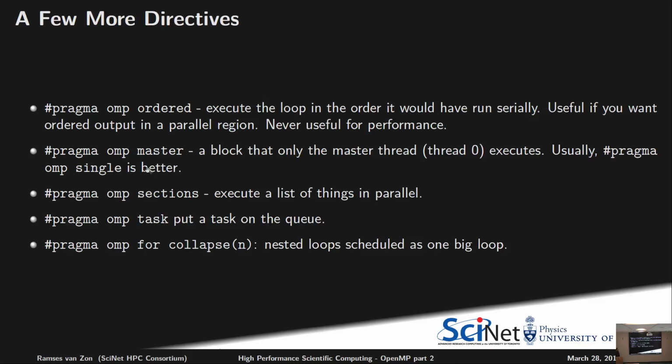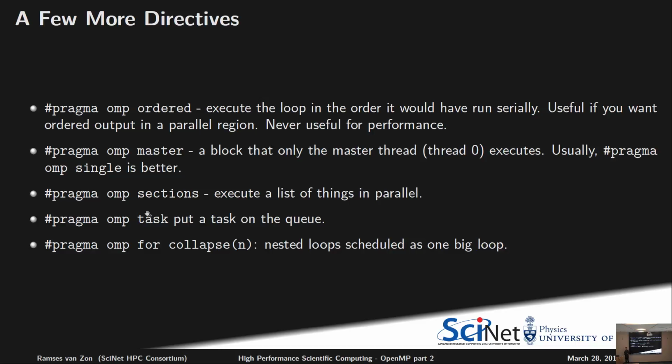You can do some other more fine-grained things. You could have sections. We've just seen loops, and that's most of what you see in scientific computing. But sometimes there might be 2 tasks that are wildly different that can still be done at the same time. It's not a loop. It wouldn't make sense to write it as a loop and then say, if I is 0, write to disk. If I is 1, produce a graphics on my screen. Although that can be done in parallel. So you can do that with sections, or you can do it with tasks, which generalizes this idea of the scheduler.